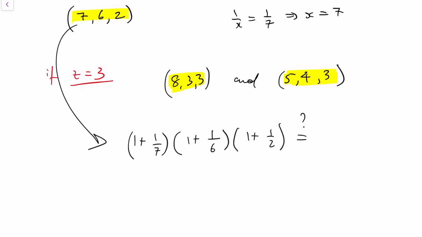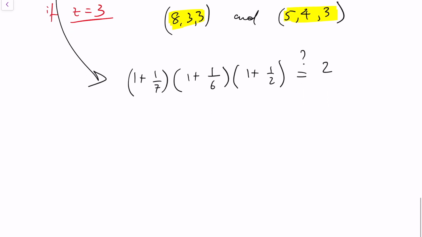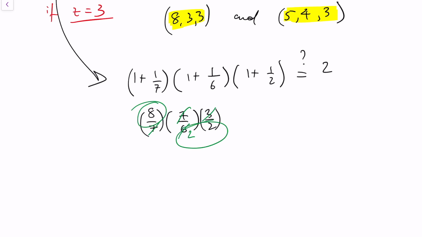Is it equal to 2? This is what we want to test. So simply, we can write this as 8 over 7 times 7 over 6 times 3 over 2, right? Let's do some cancellations. 6 goes with 3, so 2 is there. 7 goes with 7. So what have we got here now? We have 8 divided by 4, which is equal to 2.